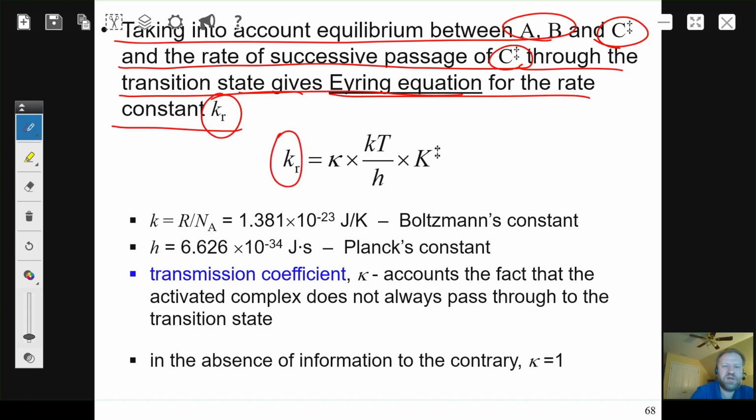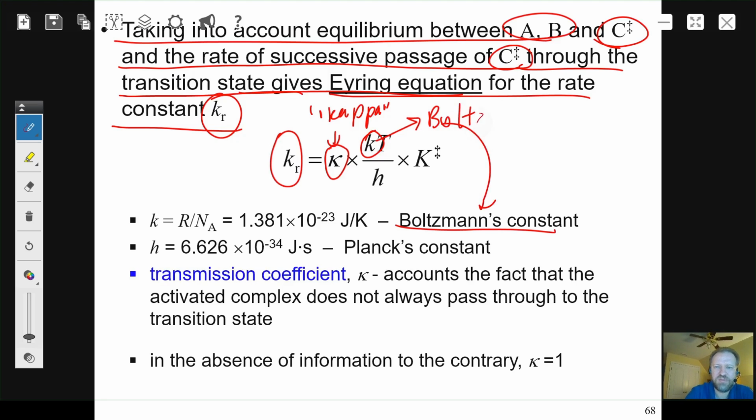So Kr here is, and this is kind of interesting, we got like 4 different Ks in this reaction. So Kr here is the rate constant. Then we have kappa here, so that's the Greek letter kappa. It is known as the transmission coefficient. I'm going to discuss its physical meaning in just a second. This little k here is, it says right here, the Boltzmann constant.